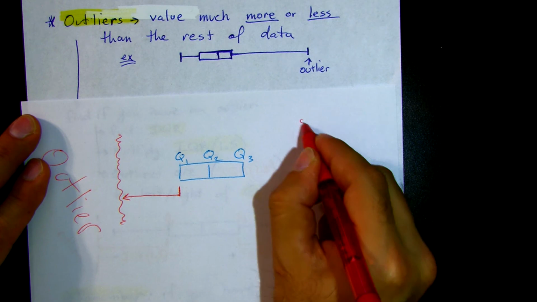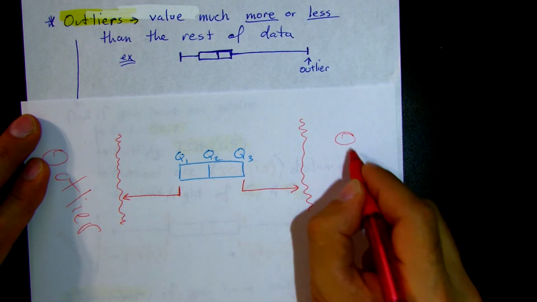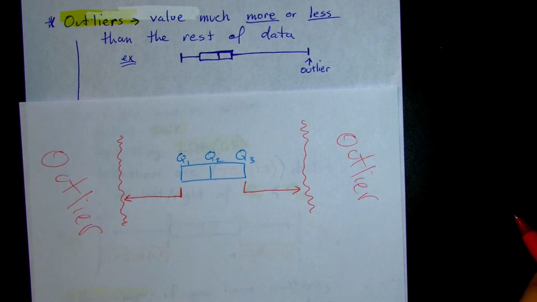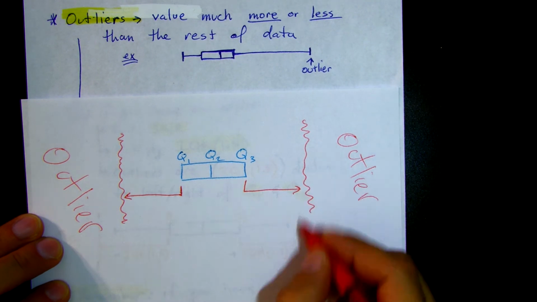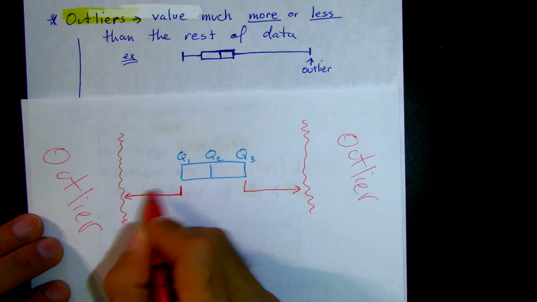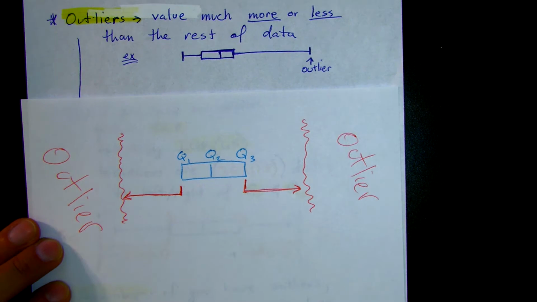There is an imaginary fence here that is to the right of Q3, and anything out there is also an outlier. So what we're going to do is figure out where these fences are, okay? They're a certain distance from Q1 and a certain distance to the right of Q3. But anything that goes beyond that is going to be an outlier.